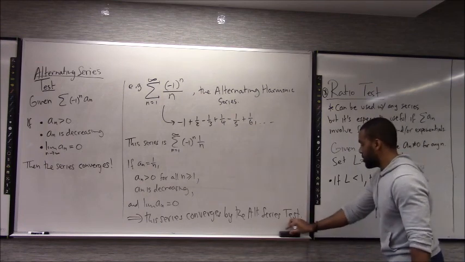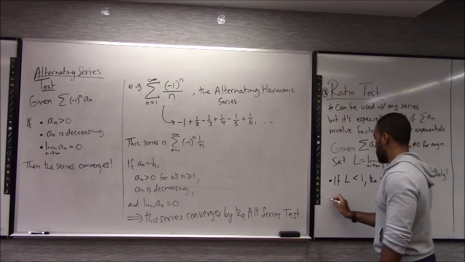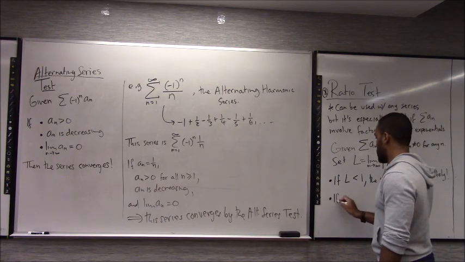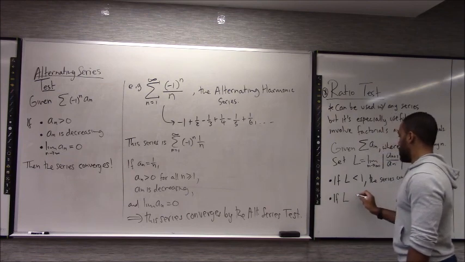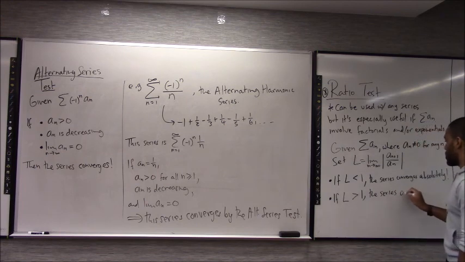So this test is very nice when you're dealing with absolute convergence. Two: if your L is larger than 1, the series diverges. So this can tell you both about convergence and divergence.